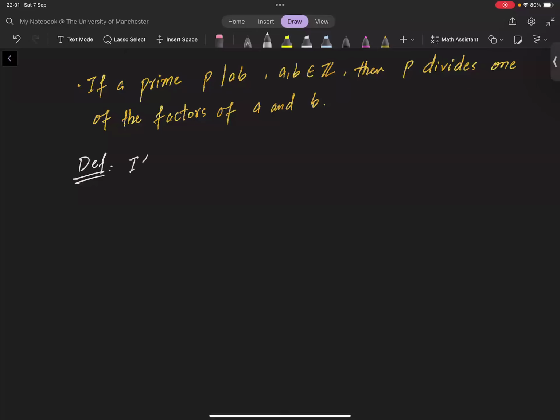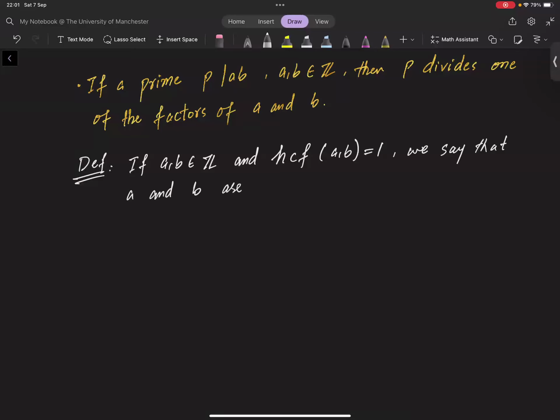It says that we have two integers and their highest common factor is 1. In other words, they are co-prime to each other. So we say that this is the case between two integers. Then we say that A and B are co-prime to each other.